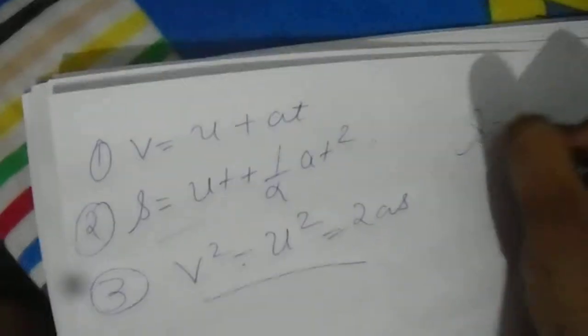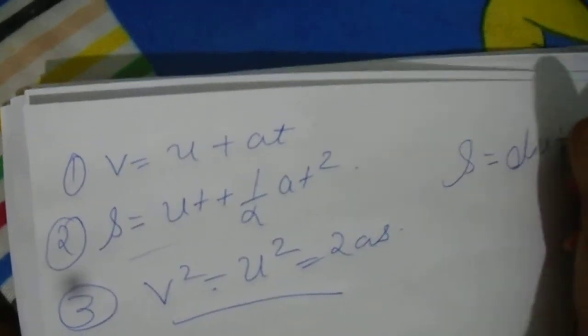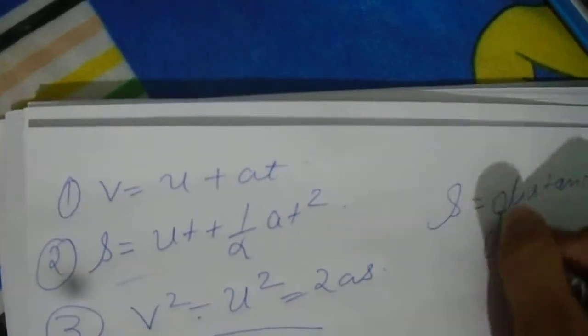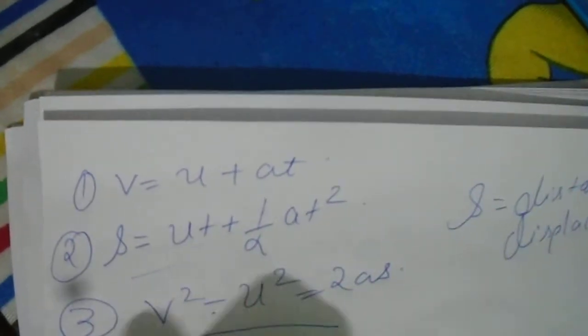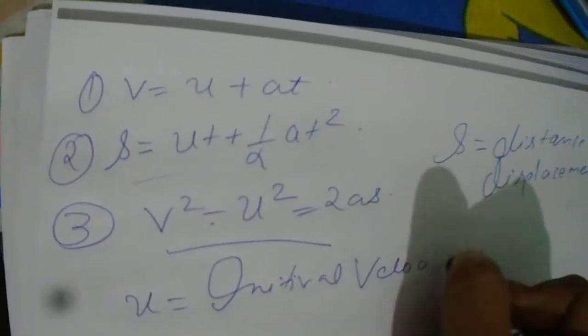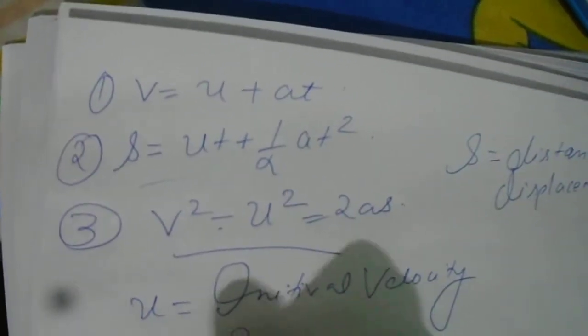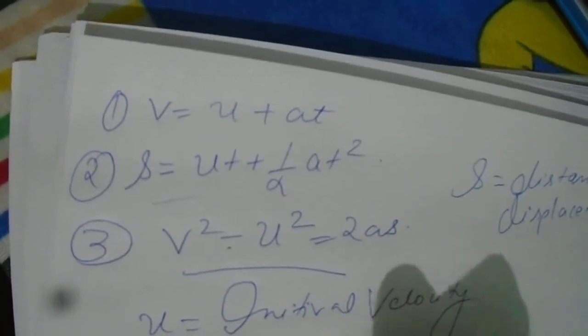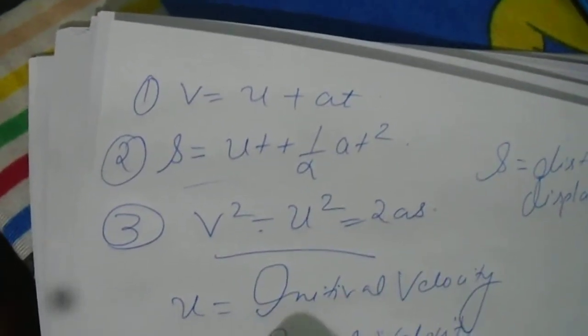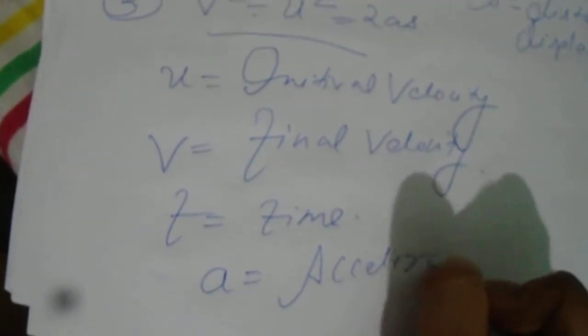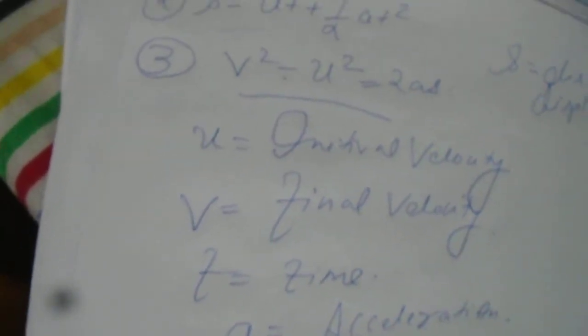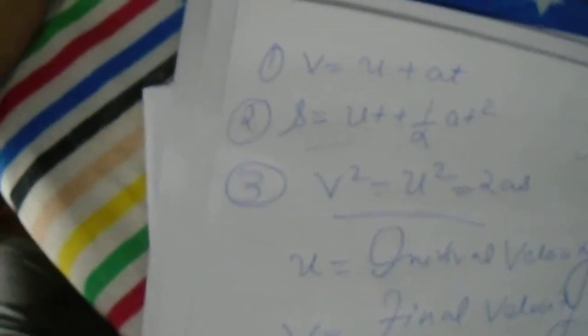Here s is distance or displacement, u is initial velocity, v is final velocity, t is time, and a is acceleration in all the above equations.